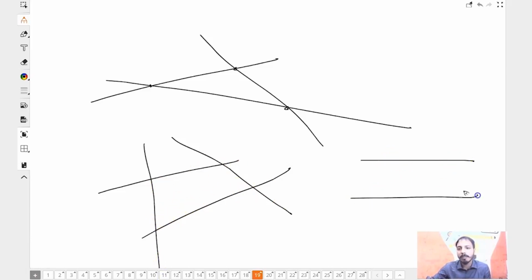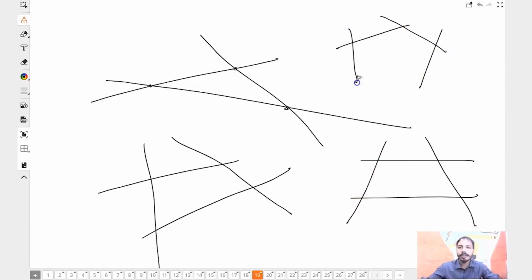If two of them are parallel and the other two are not parallel, you get something like a trapezoid, right? So in such a way you can form polygons with the help of this. And ultimately you can form a circle. Now I can say that a circle will have infinite straight lines. That means these are all known as tangents in a circle, right?